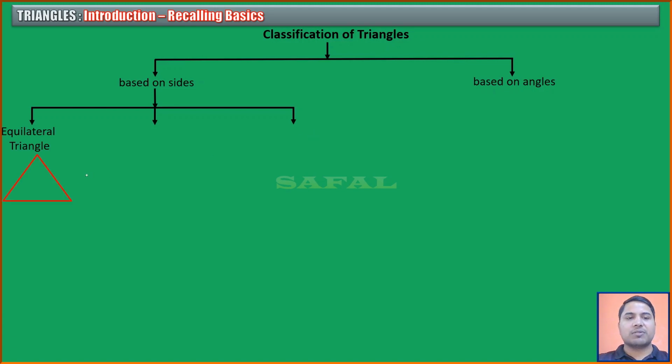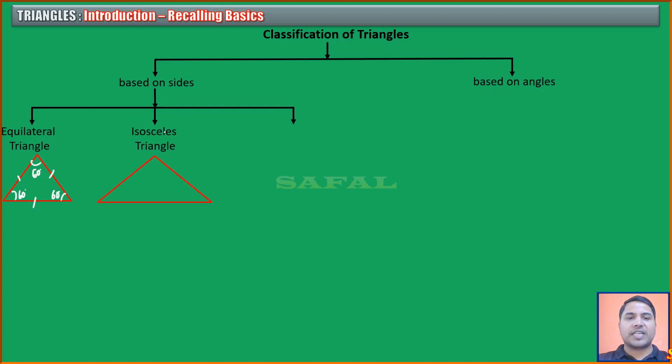Under what situation are we calling a triangle equilateral? If all the three sides are what? Equal. Three sides are there and all the three sides are equal, so we call the triangle an equilateral triangle. And you might be knowing that each angle of an equilateral triangle is what? 60 degree.